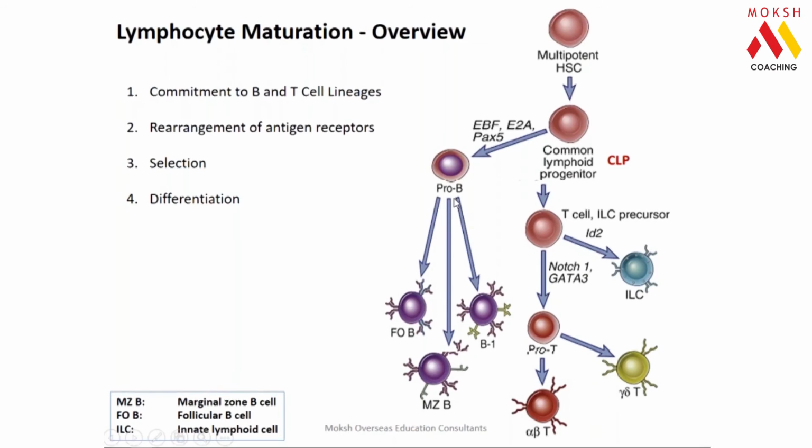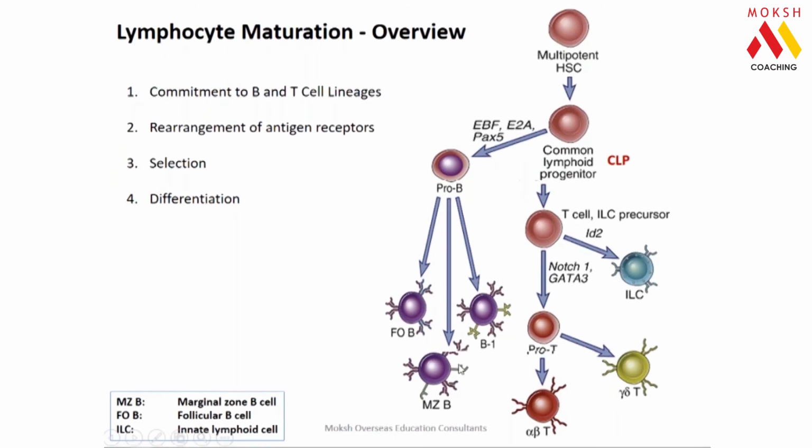The pro-B cell will become a pre-B cell as it starts making immunoglobulin, and then, depending on where it is, if it goes to the follicular areas of the secondary lymphoid organs, it becomes a follicular B cell. Those follicular B cells will only be activated when they interact with a T cell. So they need the help of a T cell in order to activate, and they hang around in areas where there are other T cells.